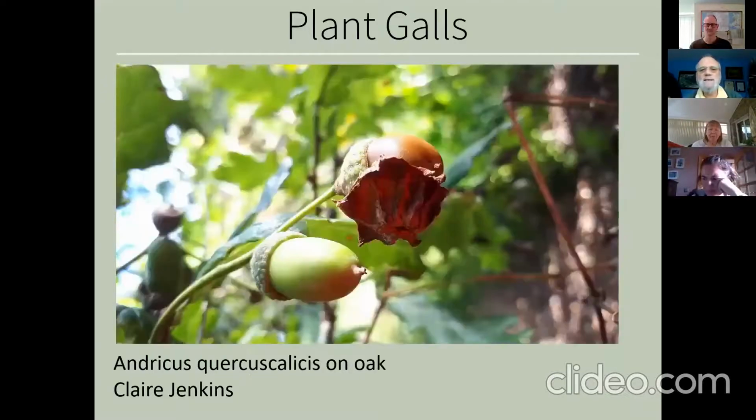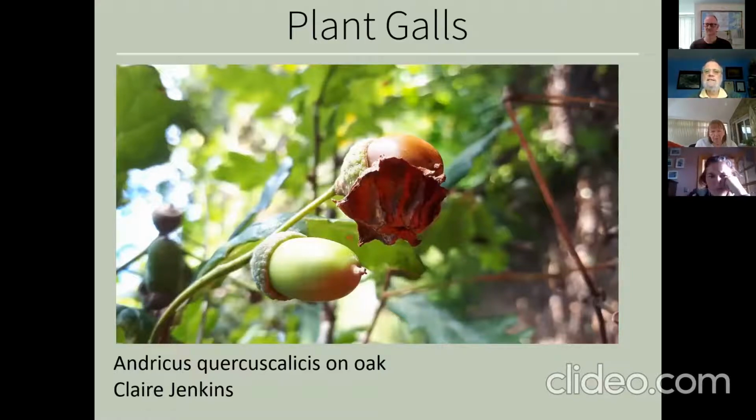Yeah, and what's the next one? Yeah, the gall itself is a bit shaded here, but it is what's called a knopper gall, Andricus quercuscalicis, and we'll have a look at some more prominent ones of those shortly as well.